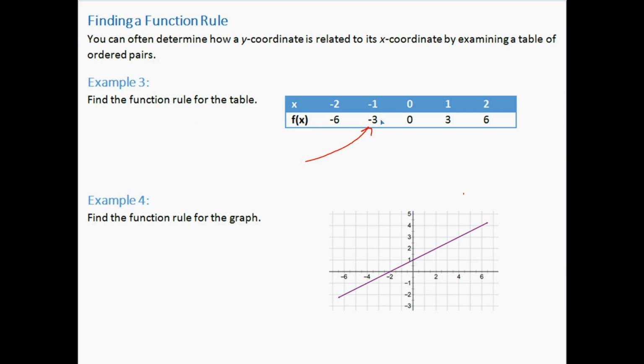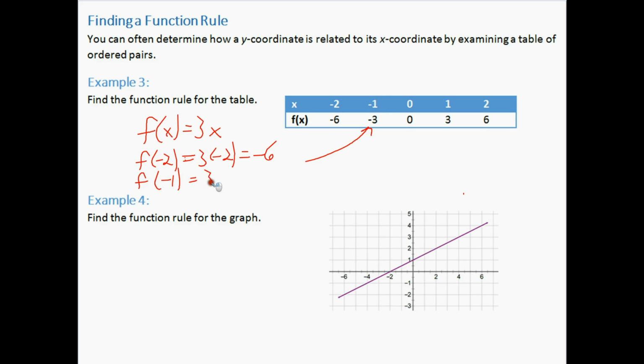So we'll take another look at this. -2 to -6, well, that's multiplying by 3, so maybe our function f of x is just 3 times the x value. And it works for -2, 3 times -2 is -6. Let's try it for our next value of -1.